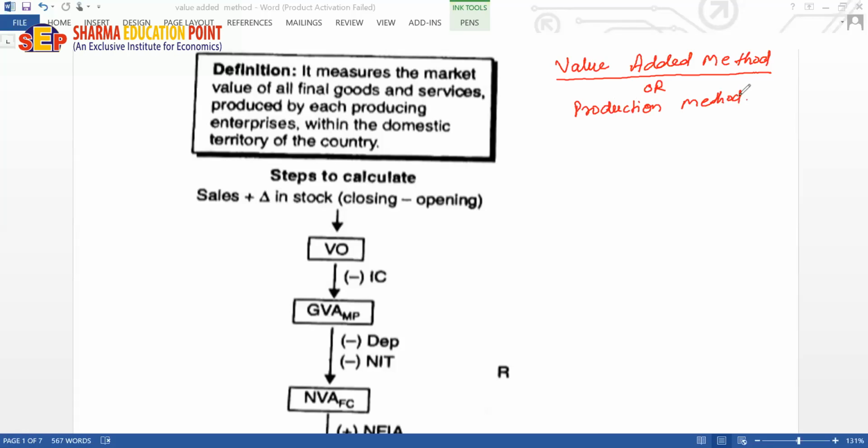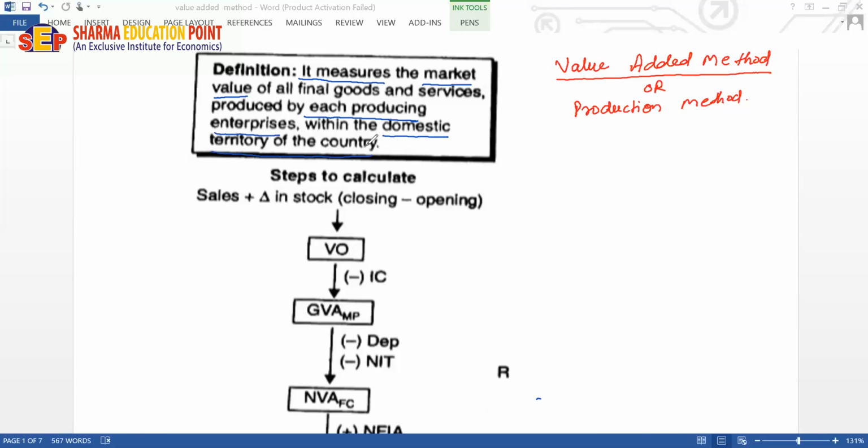So first of all, let's know what is the definition of value added method. It measures the market value, point to be noted, market value of all final goods and services produced by each producing enterprise within the domestic territory of the economy.